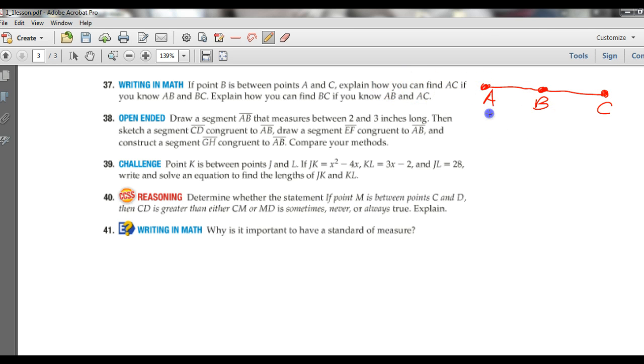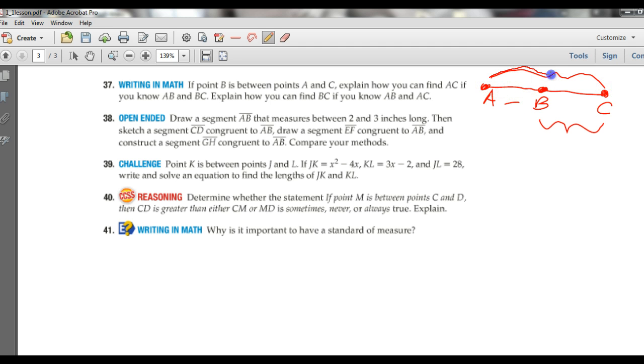So we can find AC, we can find the entire length by adding AB and BC together. And then the second part, explain how you can find BC if you know AB and AC.